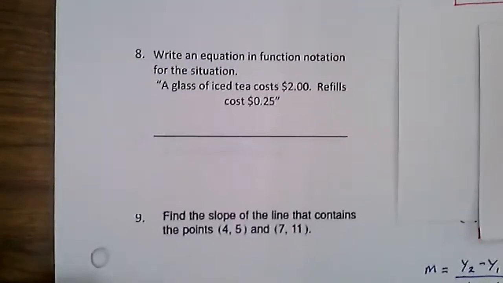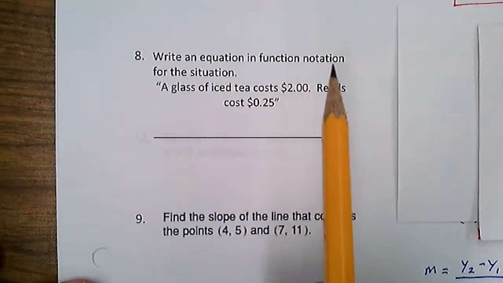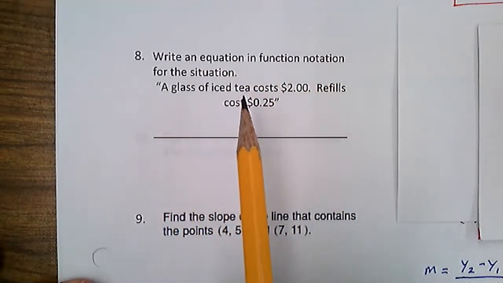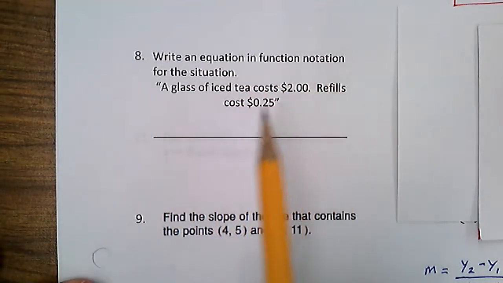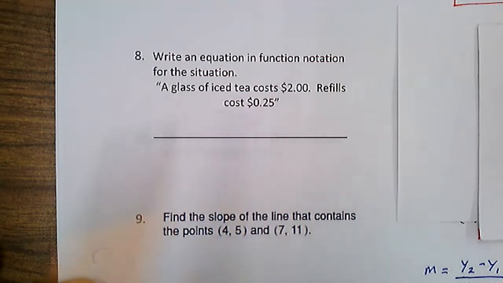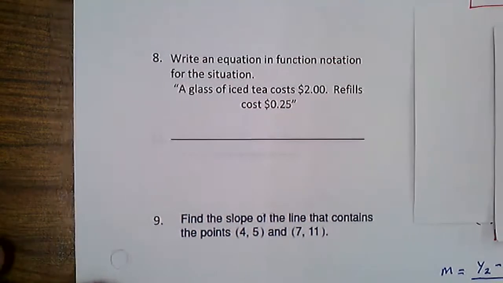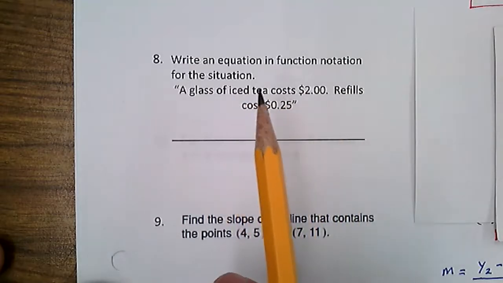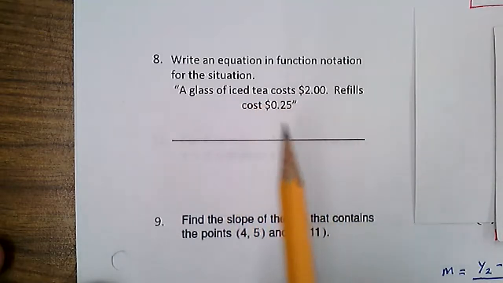Number 8, write an equation in function notation, same thing, for the situation. A glass of iced tea costs $2, refills cost 25 cents. Think about this. We've got 2 different costs, the glass of iced tea and the refills.